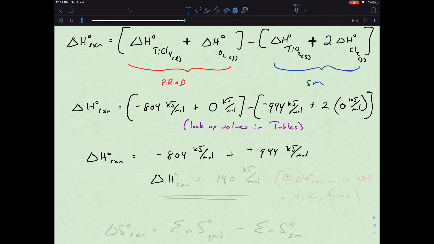Or our delta H of the reaction, once we do that quick sign change, is equal to 140 kilojoules per mole. So if we look at that enthalpy aspect, the fact that it's positive, this is basically not a driving force.